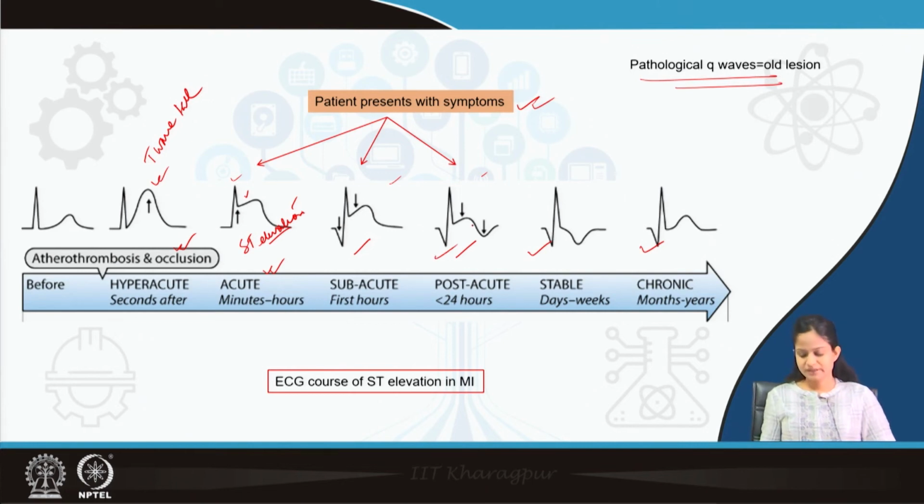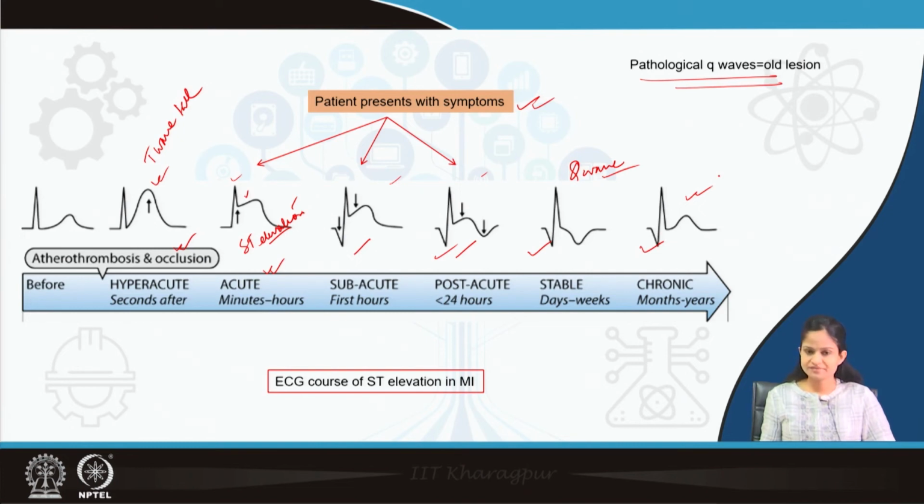Pathological Q wave is seen along with T wave inversions, and later T wave inversions in chronic cases when the old infarct is staying for years. Usually the T wave morphology comes back to normal, but you get to see deep Q waves.